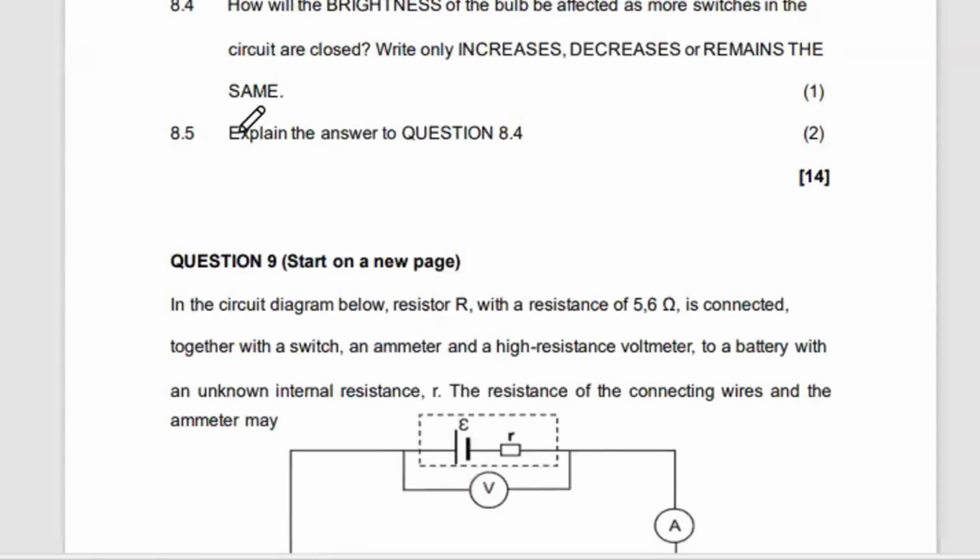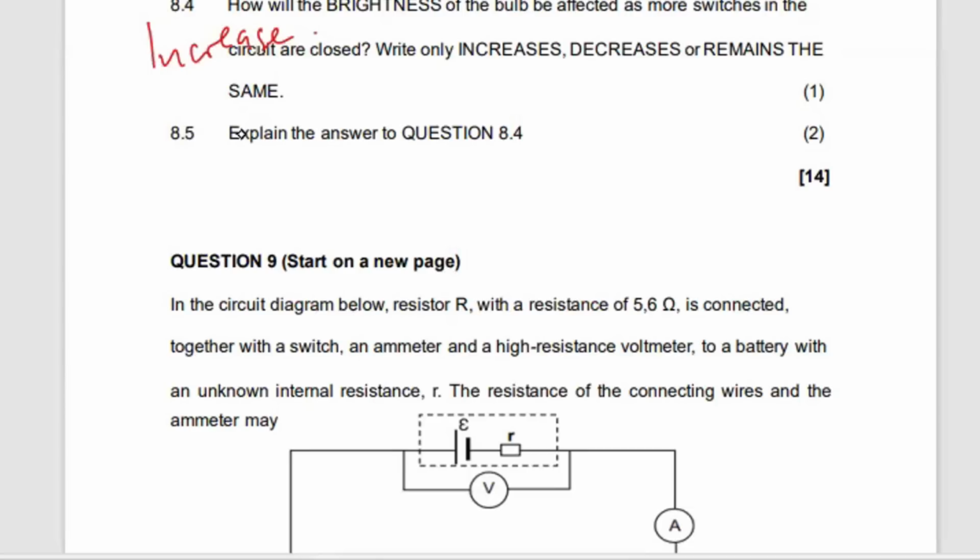Then 8.4, how will the brightness of the bulb be affected as more switches are closed? So I'll say it will increase because there's more current flowing. Resistance is decreasing.